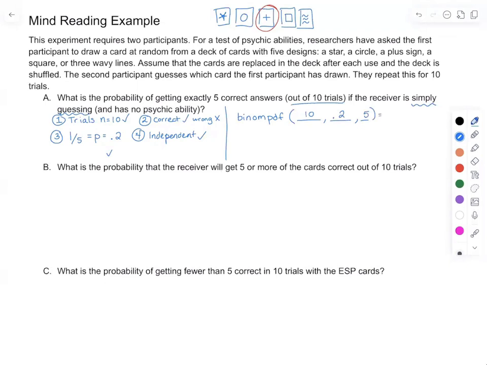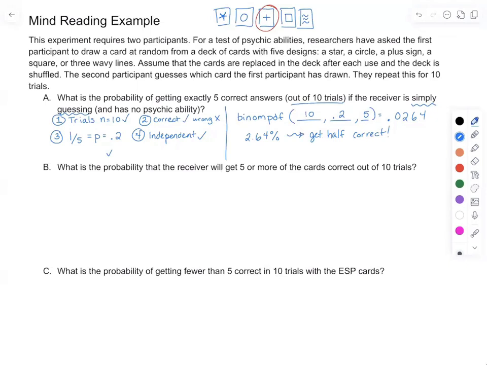When I put that into my graphing calculator, I get 0.0264, which tells me that 2.64% of the time, which is roughly 1 in 40, even if the person's just guessing, they get half correct. That's a pretty big percentage for just guessing to get half correct.